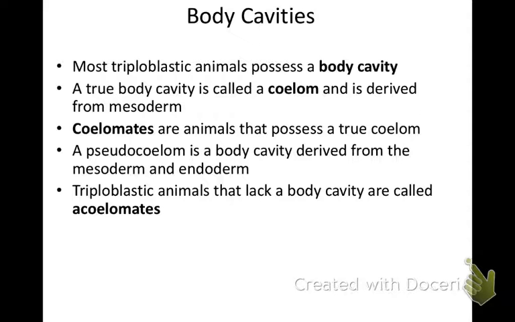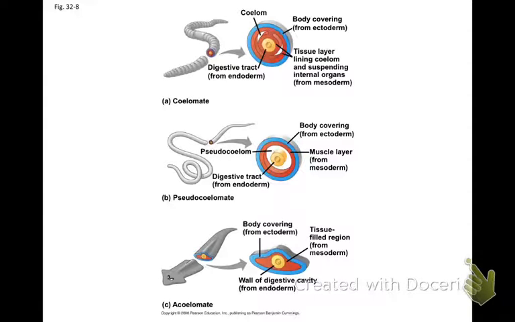A means without. So if we look at these examples, we're going to work from the bottom up here. So an acoelomate, such as this planarian worm, you can see has a solid body wall without any space between the body wall and the digestive tube. So this is an example of an animal without a coelom.